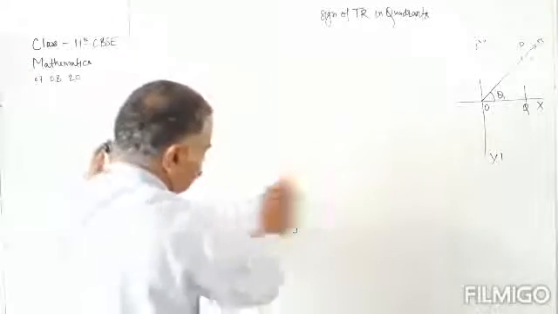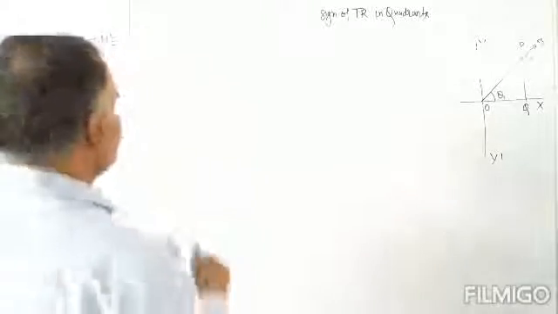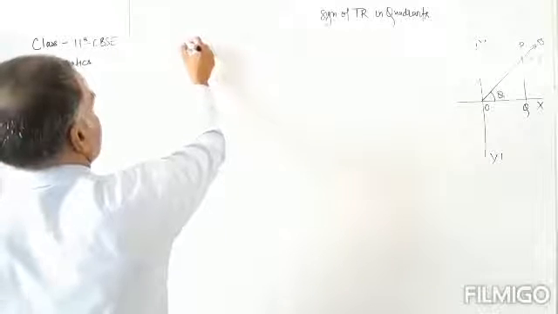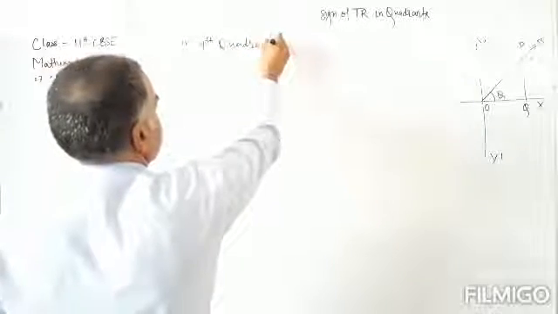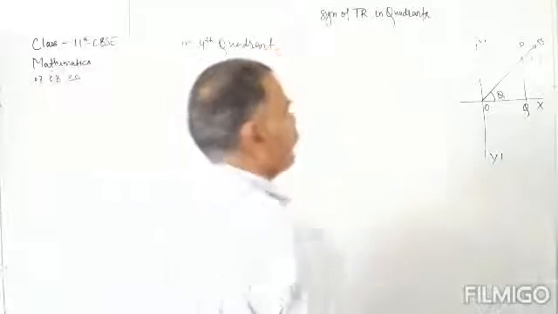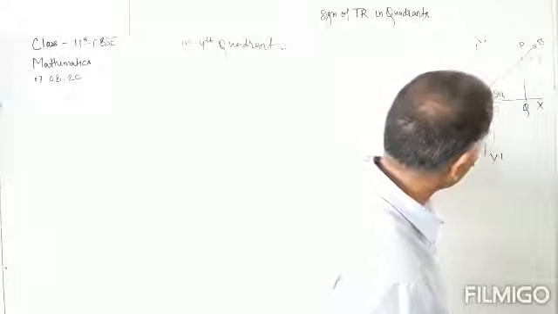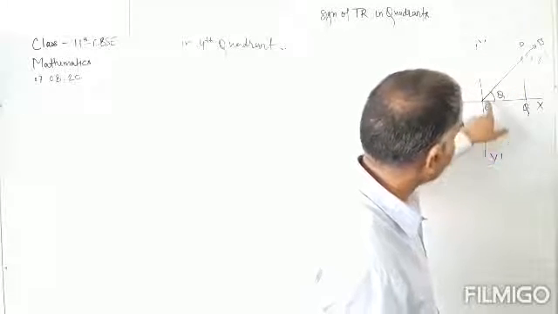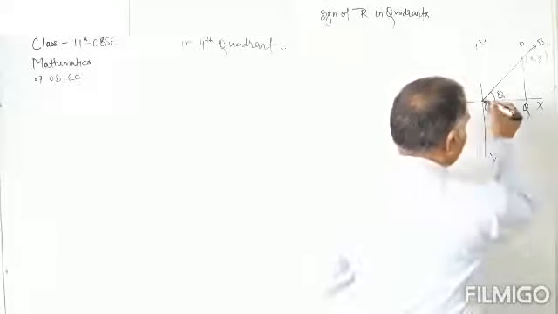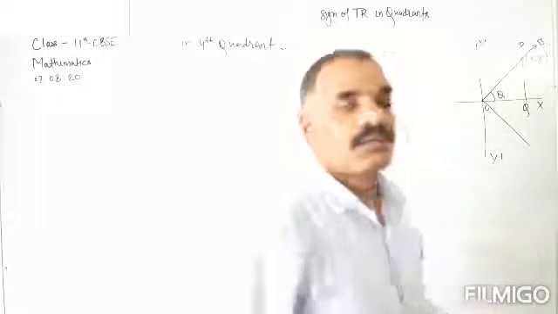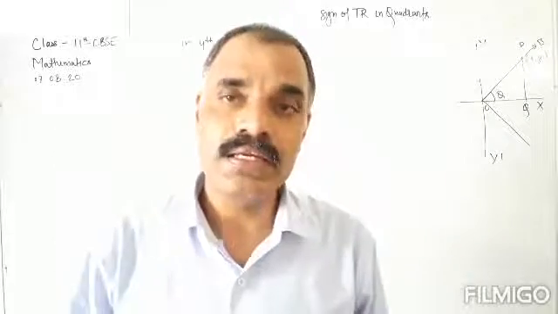So in the fourth quadrant, in the same way, if the terminal ray moves about the point O and takes a position in the fourth quadrant, then x is positive and y is negative.